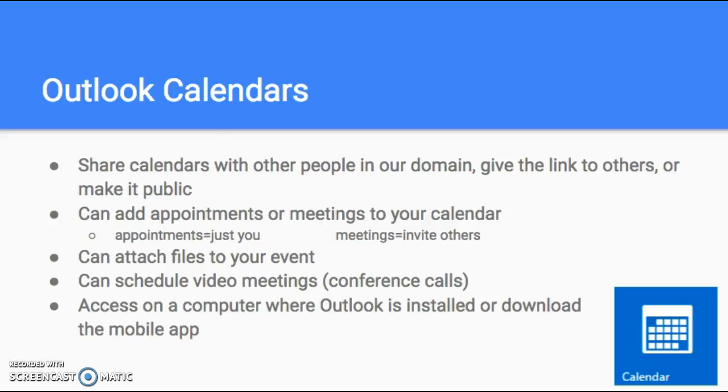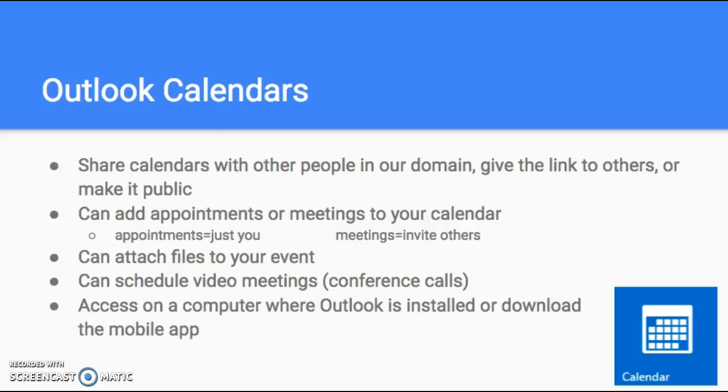So in Outlook, you can share calendars with other people within our domain. You can also give the link to other people, and you can make your calendar public as well. You can add appointments or meetings to your calendar. Appointments would be something that is just you specifically, and meetings would be where you could then invite other people to also come to your event as well.